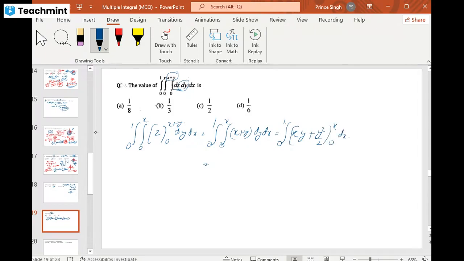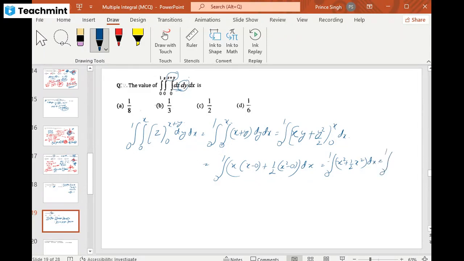So again on substituting the limits, this is x times x minus 0, and 1 by 2 x square minus 0, dx. So this is 0 to 1, x square plus 1 by 2 x square, dx.